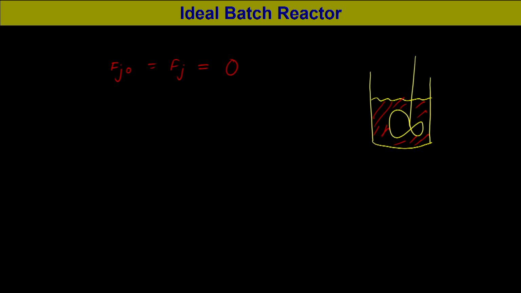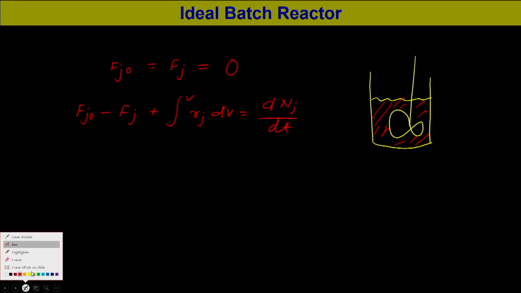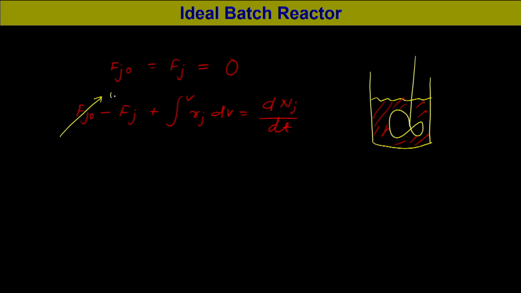So, now if we take the general mole balance equation, that is Fj0 minus Fj plus the integral over V of Rj dV is equal to dNj/dt. If we apply this for the batch reactor, then this would be 0, this is 0.